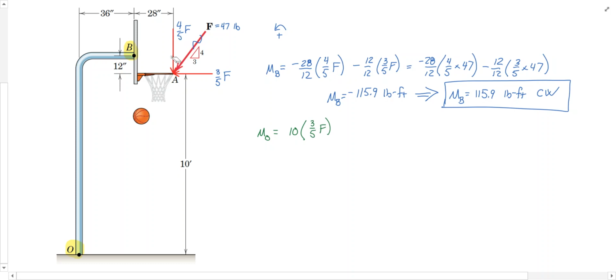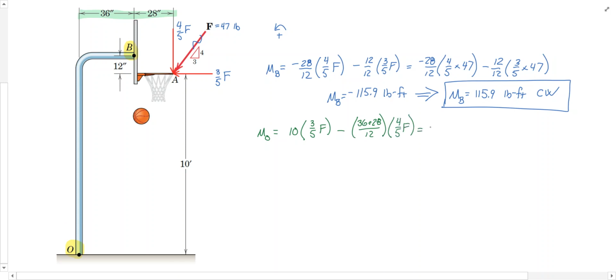The vertical component acts through this total horizontal distance of 36 plus 28 inches to produce a moment around O. And so we would write that it's clockwise, so that's a minus, and we'll write 36 plus 28, divided by 12, and then multiplying 4/5 of F.